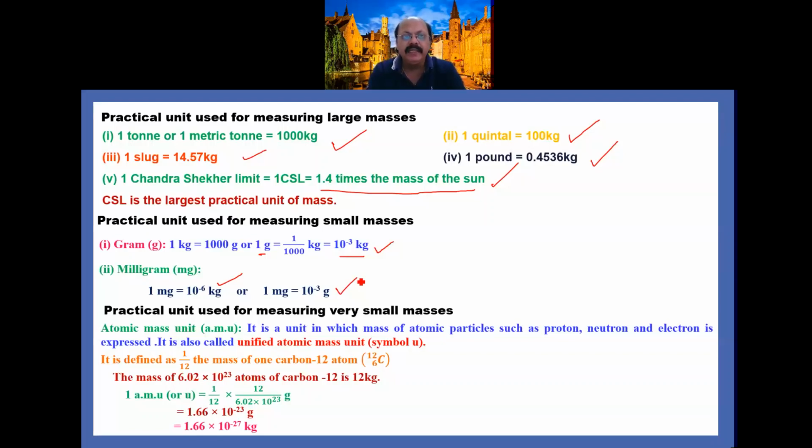It is defined as 1/12 of the mass of one carbon 12 atom. So the mass of 6.02 into 10 is power 23 atoms of carbon 12 is 12 grams.